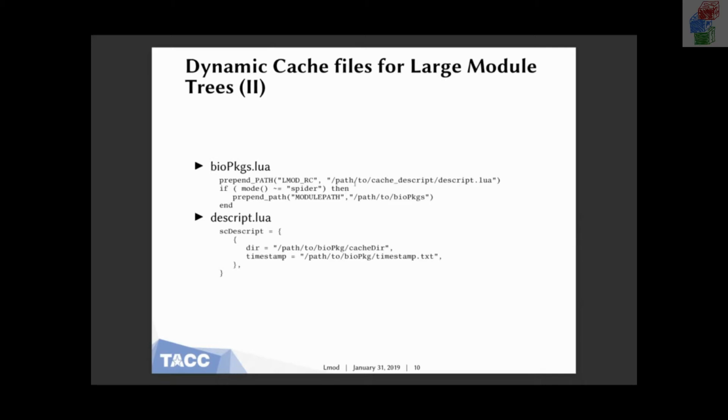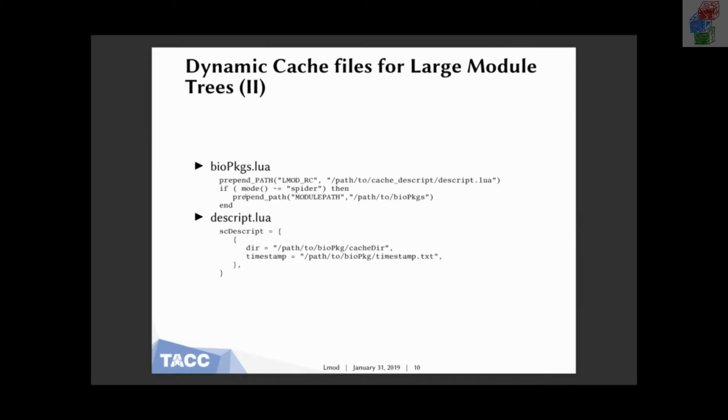You can have a separate cache for just that. You can create a file, it doesn't have to be called that, some similarly named file like descript.lua, which has to match what bio packages says. You can give it a directory and a timestamp file, and in this format, define a Lua table, you can then dynamically expand the module path to include this huge list of packages.